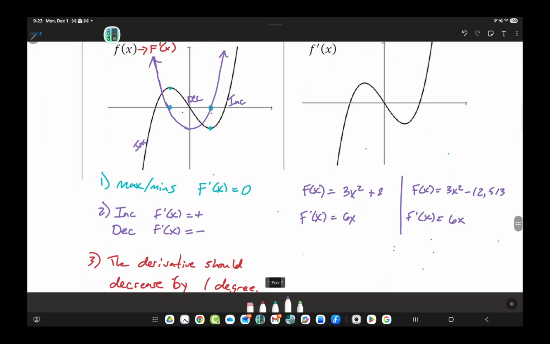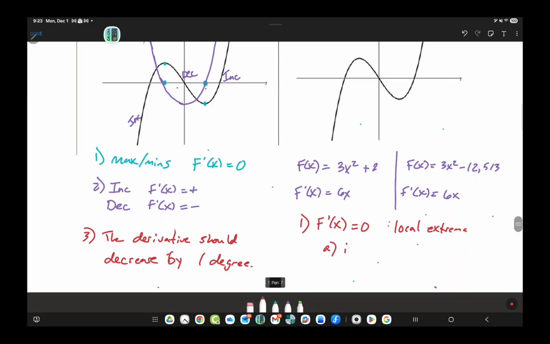Number one, f prime of x equals 0. These are local extrema. So we need to remember: A, if f prime changes from positive to negative, f of x is a local max.